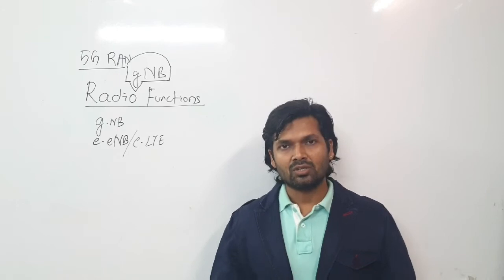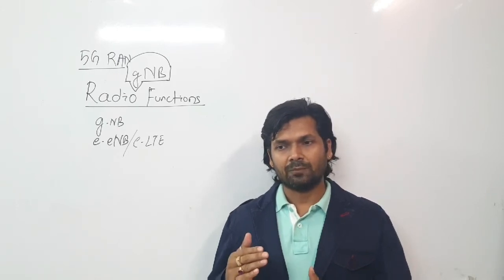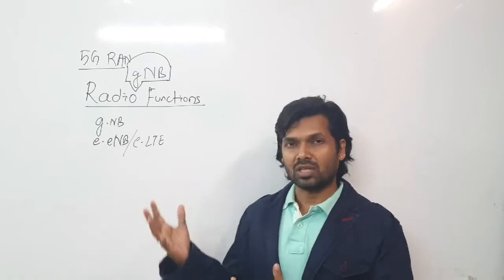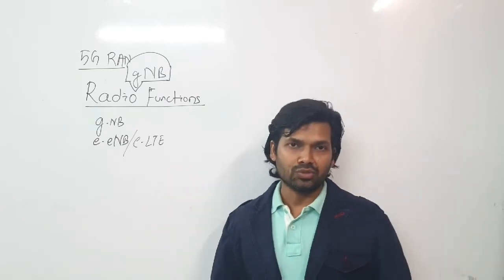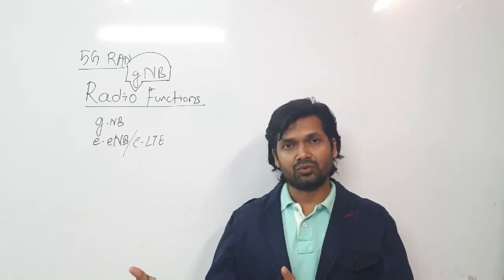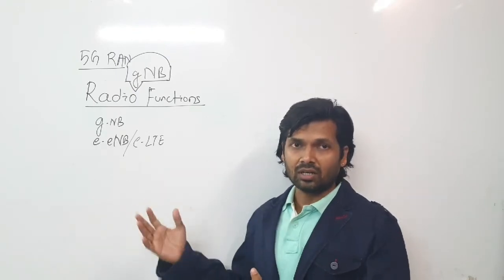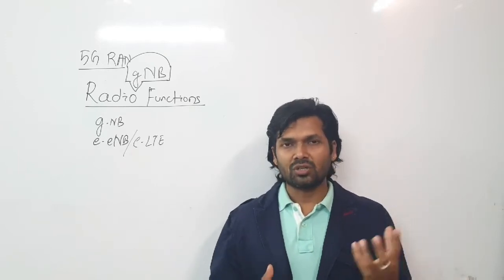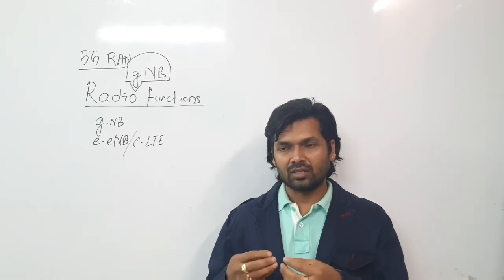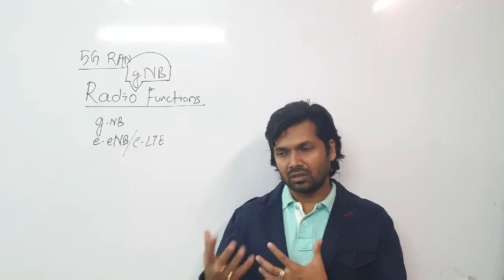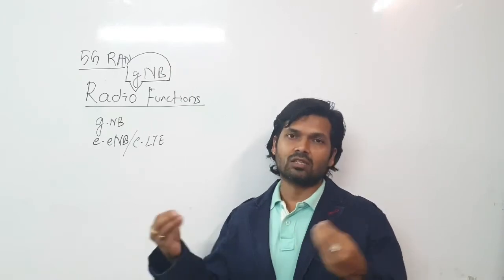The second most important function in G node B is the radio channel ciphering and deciphering, and also integrity protection. When we are advancing technology-wise, like every 5 years we have a new technology coming in, like we had 2G decades ago, and then we took another step to 3G and then LTE, now to NR. With every new technology, integrity protection becomes an important part. We do better integrity protection and better network, and we manage the security in our network.